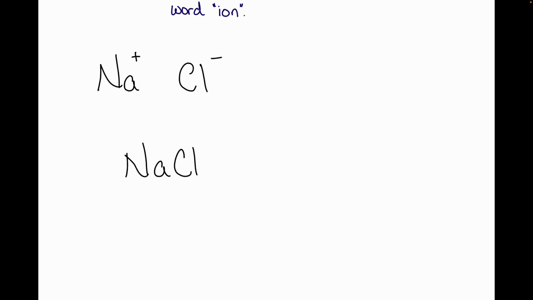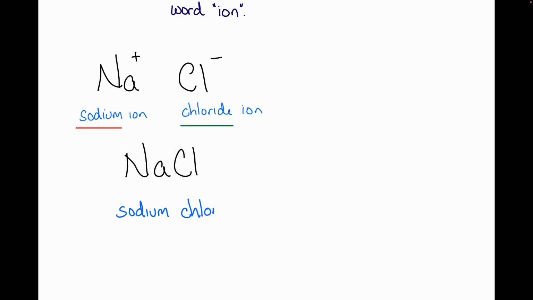And then we discussed how to name these ions. This was the sodium ion. And this is the chloride ion. So when we put these together to name our ionic compound, we're going to say our cation name, followed by our anion name, and we're going to drop that word ion. So this is just sodium chloride.